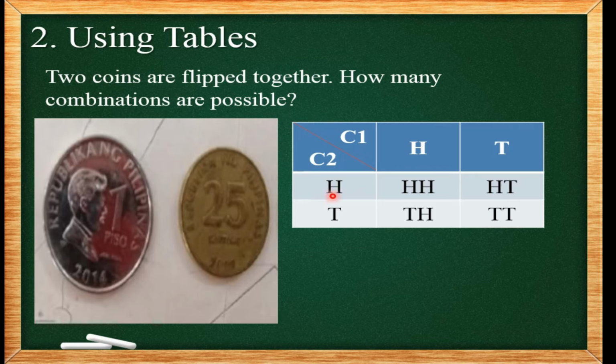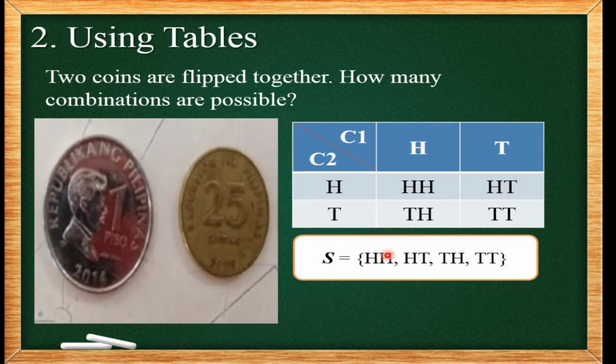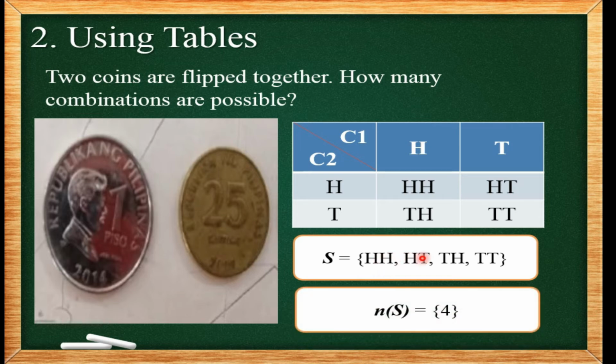Like the head of C2, you write it first before the tail of C1. In the same way as the tail of C2 is written first before the head of C1. Then you have tail and tail. Now that you have this, your sample space would look like that. Counting, that's 1, 2, 3, 4. So possible combinations would be 4.